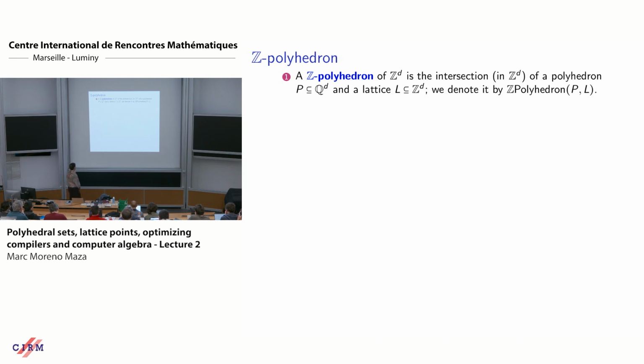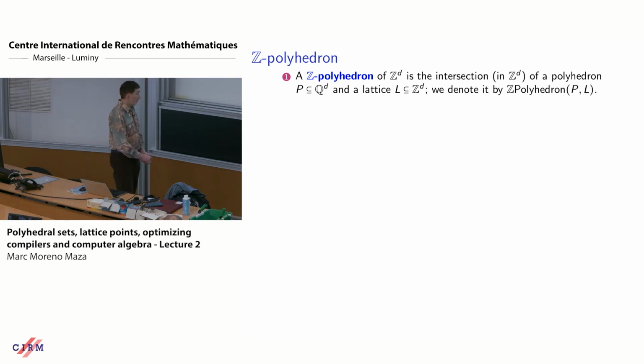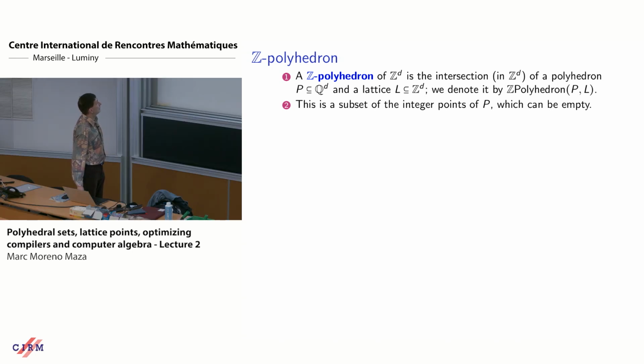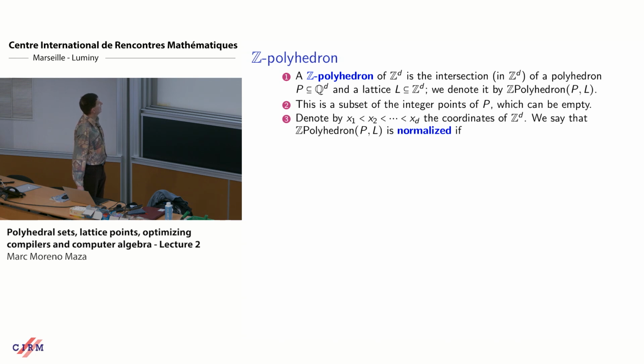Okay, so now the last object that I need to introduce is Z polyhedral set. So this is simply the intersection of a lattice and a polyhedral set. In other words, this is a subset of the integer points of a polyhedral set. Sometimes this set is empty. So of course we want ways to detect when this is happening.